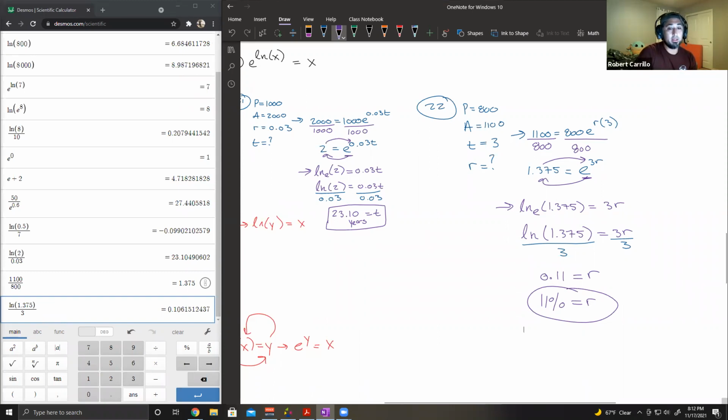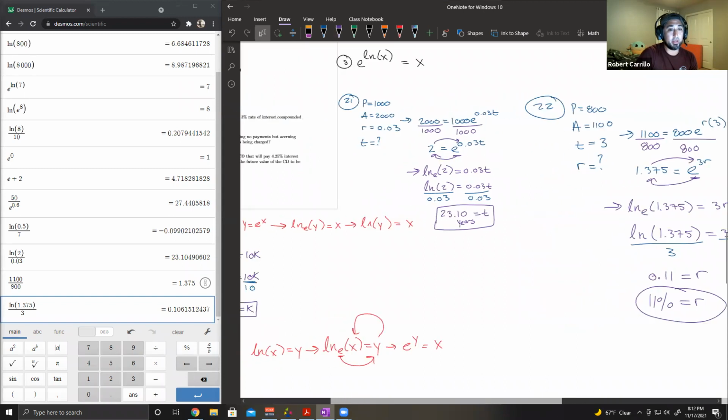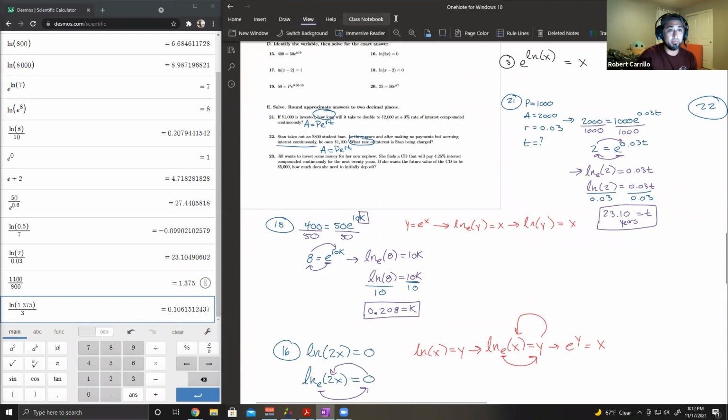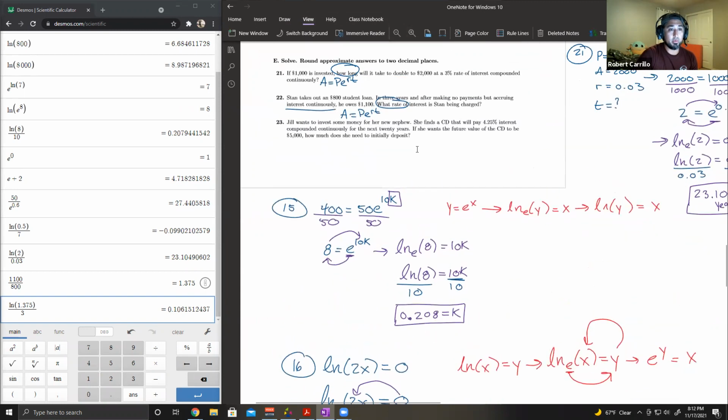Okay. Last one, guys, 23. We have Jill wants to invest some money for her new nephew. She finds a CD that will pay 4.25% interest compounded continuously for the next 20 years. If she wants the future value of the CD to be $5,000, how much does she need to initially deposit?